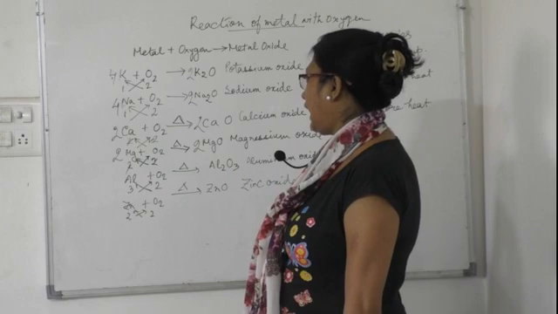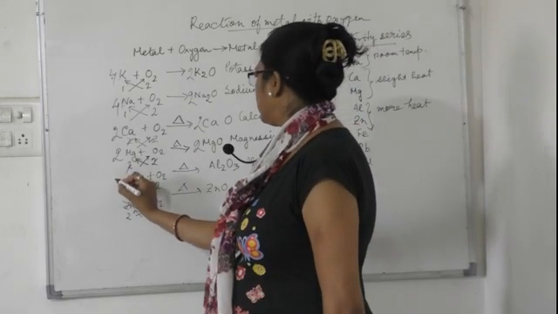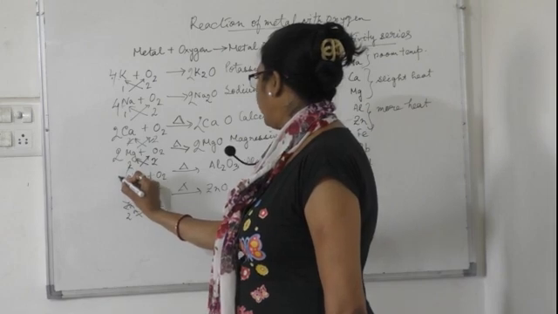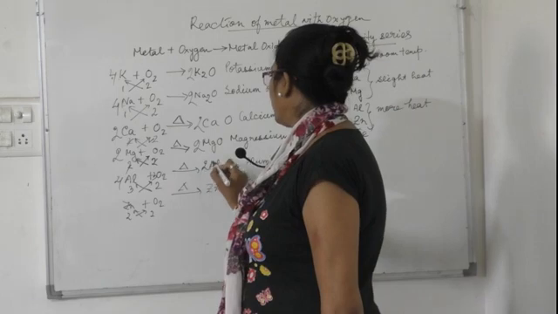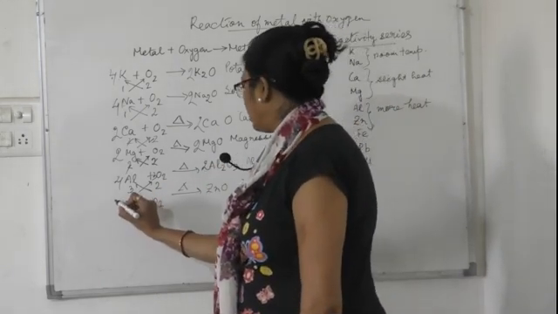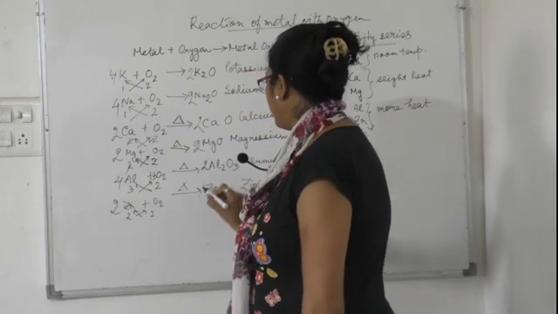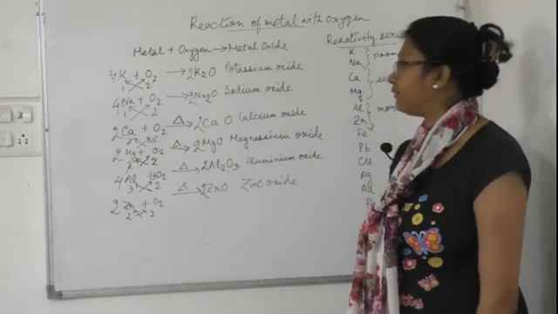Here we should write 4Al and 3O2, then 2Al2O3, and here 2Zn plus O2, 2ZnO. So we have done the balancing already.